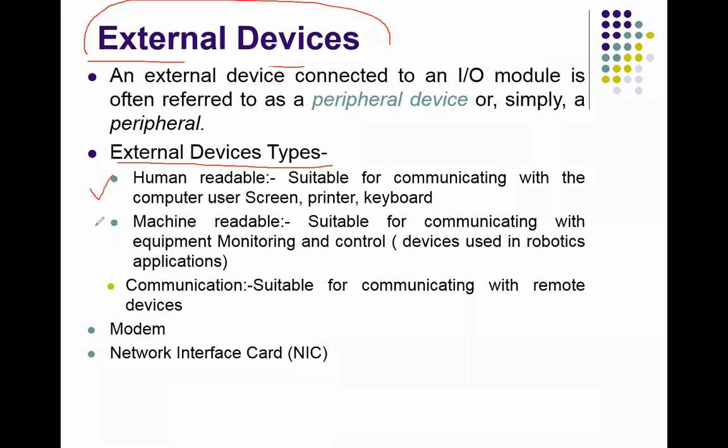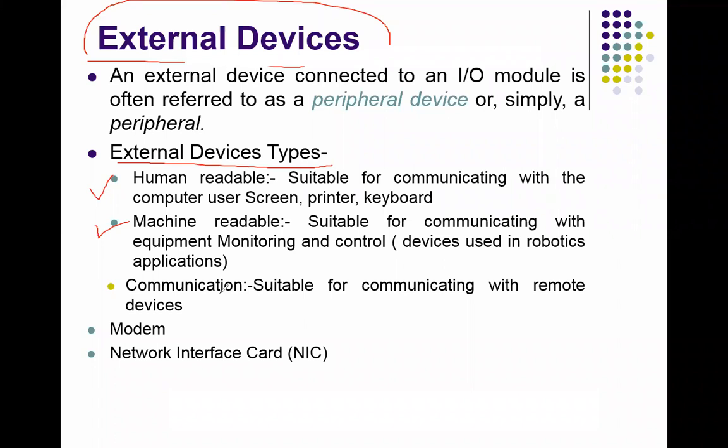Second one is machine readable. Humans cannot understand it, but a machine can. Example, in a robot you have connected a sensor. With the help of that sensor, you can detect if any obstacle came, and the robot changes direction.